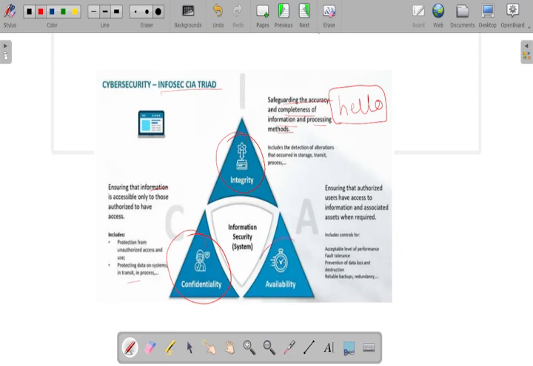And the last one is availability. Availability ensures that authorized users get access to the information associated with the asset whenever it is required, which includes an acceptable level of performance, fault tolerance, prevention of data loss and destruction, reliable backup, and redundancy of the data.